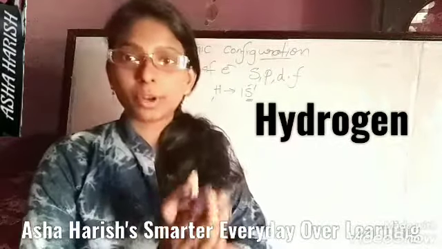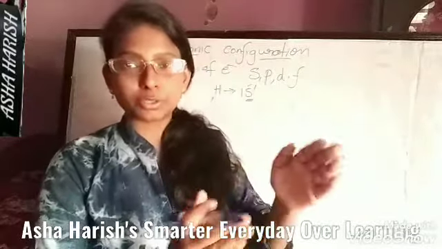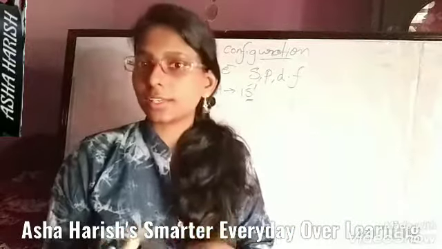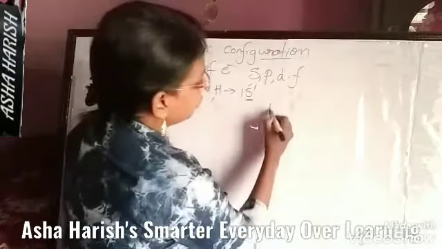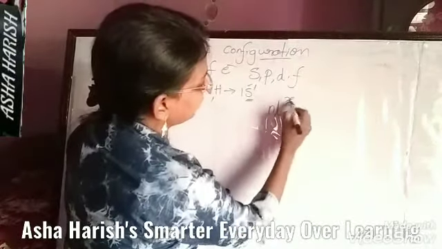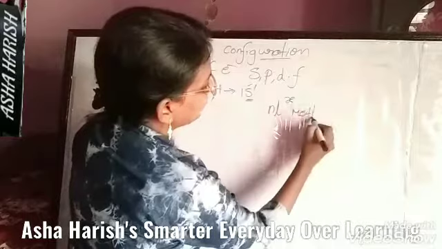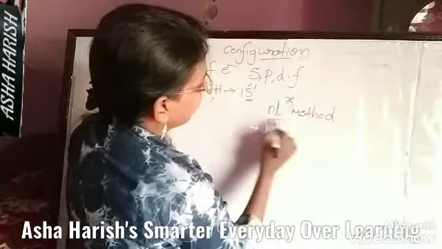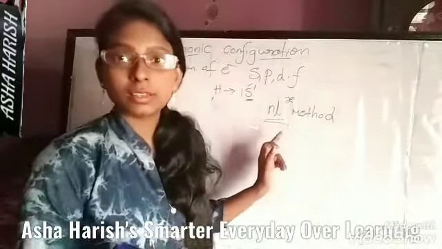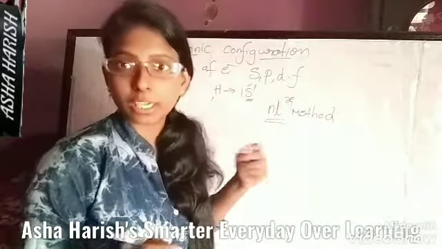Let us see one by one with examples from hydrogen to some elements. First, you can know the nlx method. We use this nlx method when writing the electronic configuration for the elements.